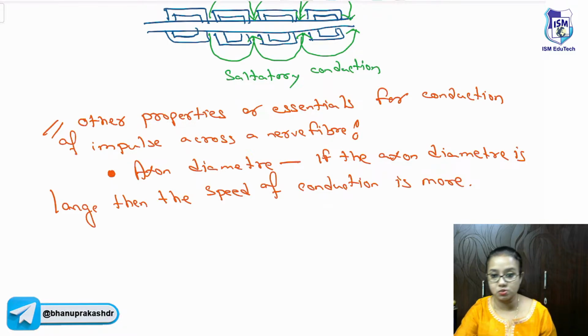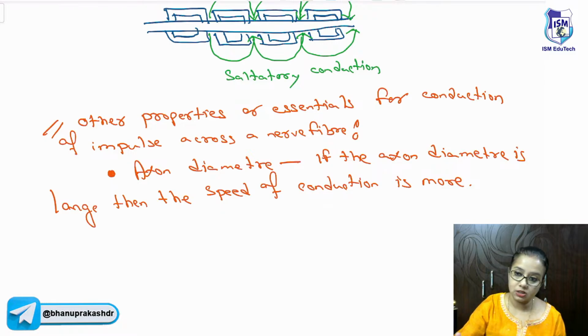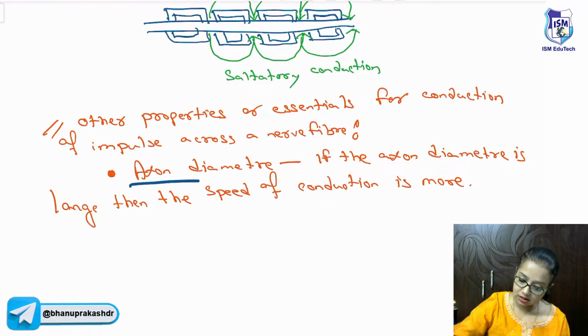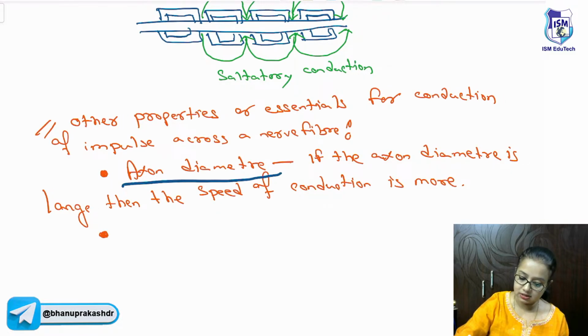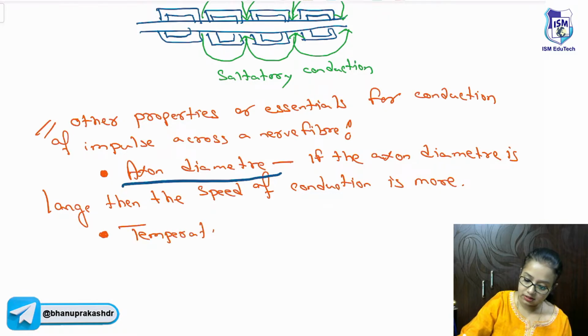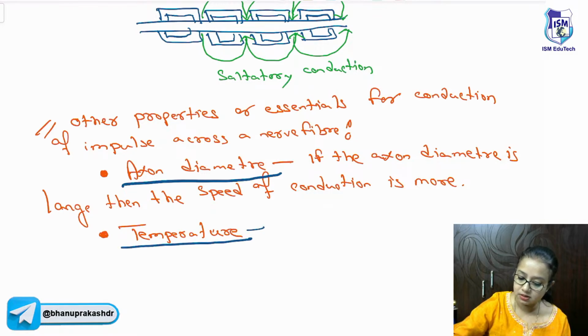So myelin sheath is one factor, axon diameter is another factor. Another important factor is the temperature.